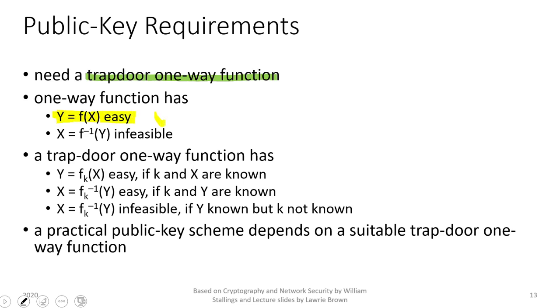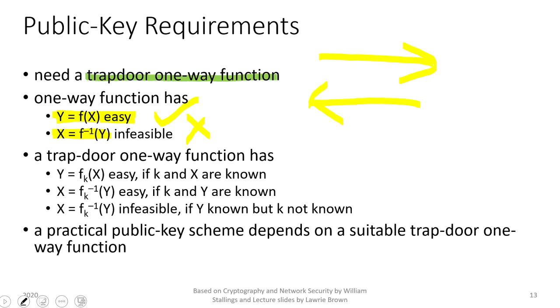We can do this computation easily. But if you want to do the inverse of the computation, that must be difficult or infeasible. That is the idea behind one-way functions. We can do one direction of conversion easily, but the opposite conversion should be difficult. Nobody should be able to do that.